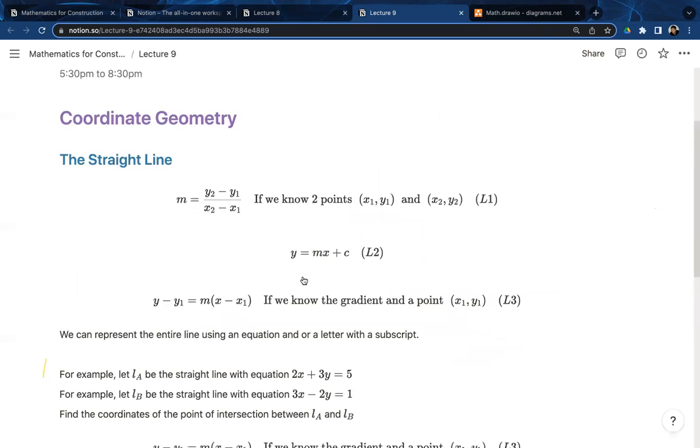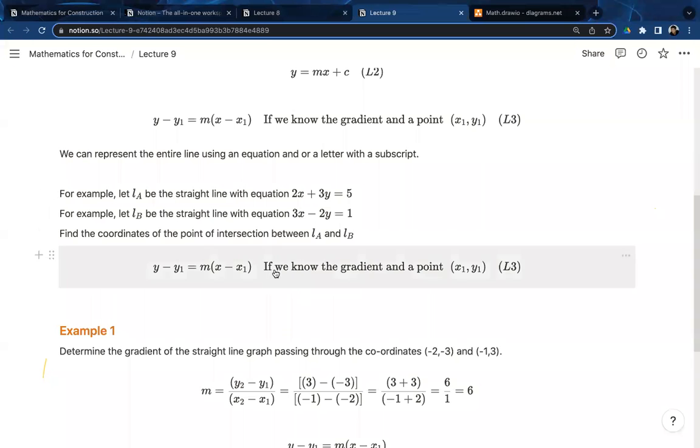So I could give you a question like this here. For example, let LA be this and LB be that. They give you a line in terms of the equations, right? So you can label the line using a letter and a subscript. So like LA is line A and LB is line B, that kind of thing.